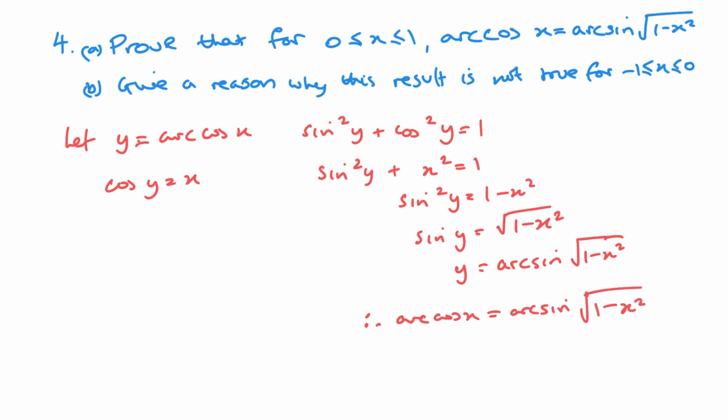And just to be clear why it was positive, in case it wasn't obvious, remember that x is between 0 and 1, which means that y will need to be between 90 degrees and 0 degrees. Think of your graphs, okay?